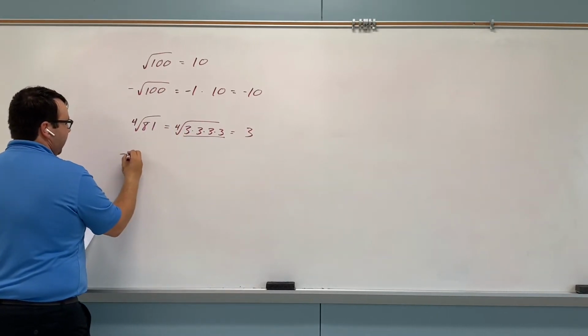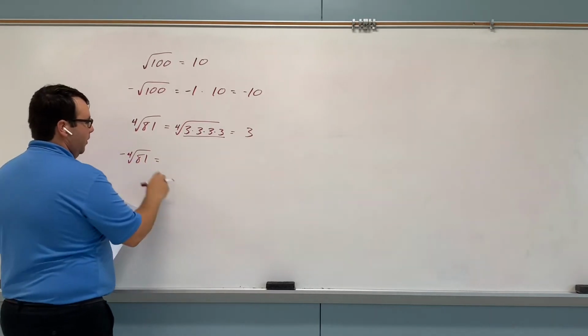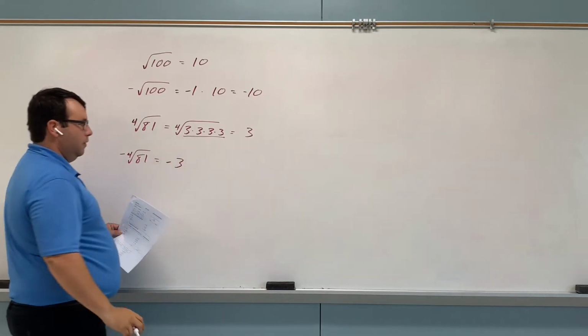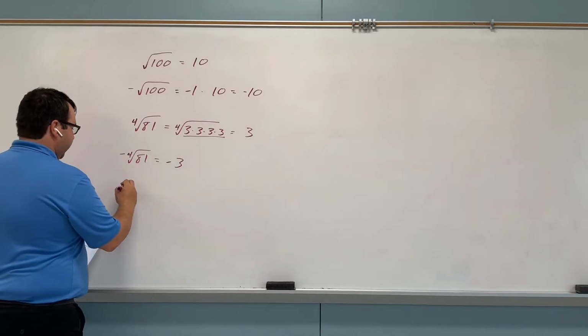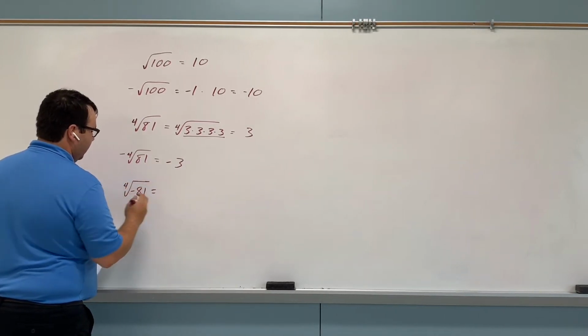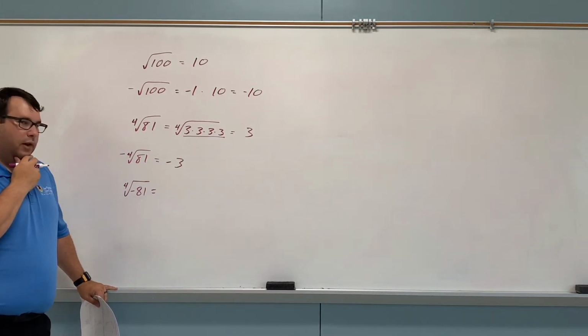If I had a negative fourth root of 81, guess what? It's negative 3. So that's what I'm looking at. How is that different than the fourth root of a negative 81? Ooh, here's an interesting case.